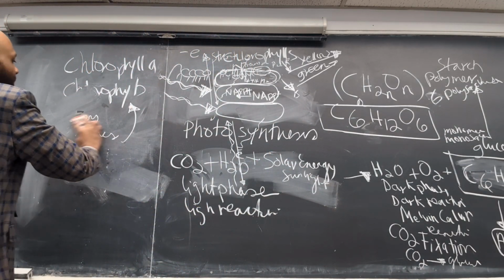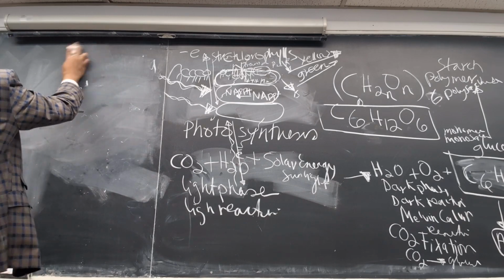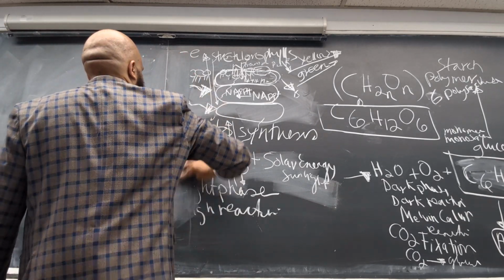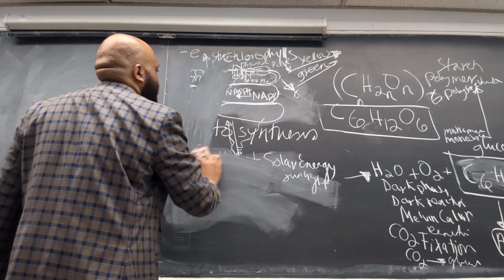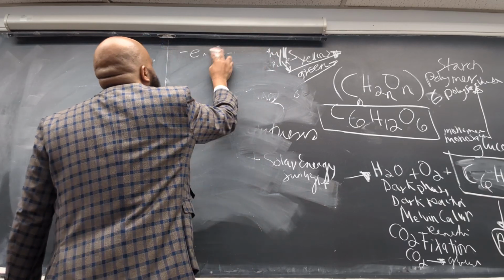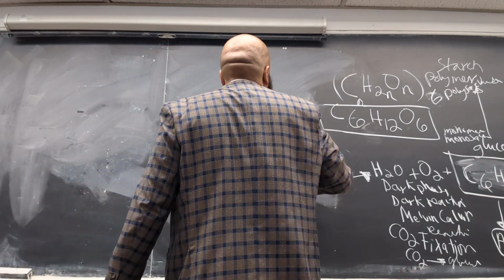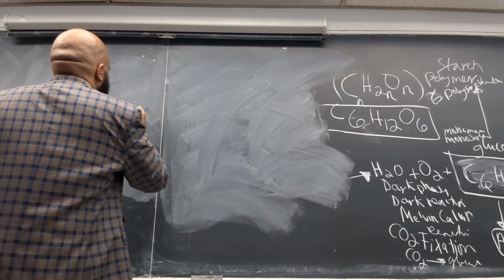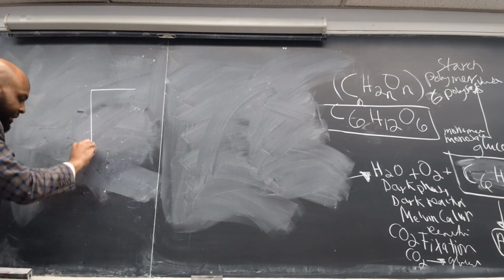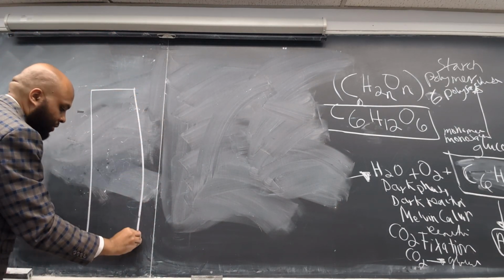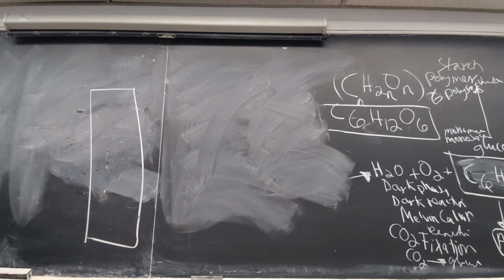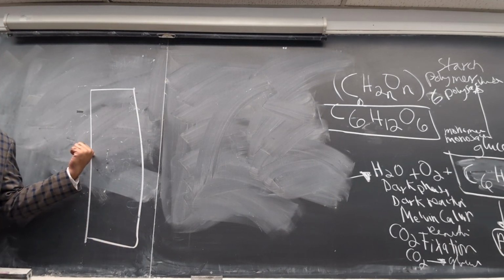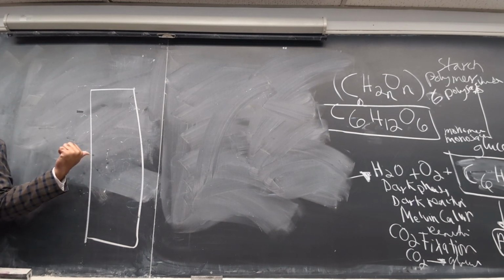Chromatography paper is our medium. It is made up of cellulose fibers. And what we're going to do is each group is going to take one slice of chromatography paper.